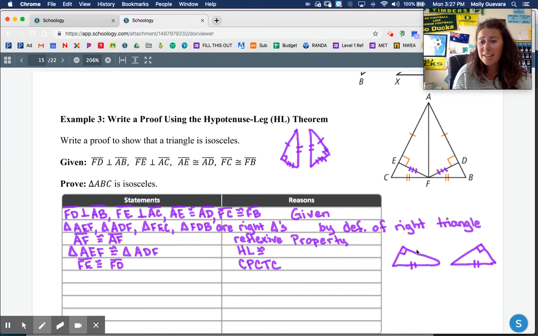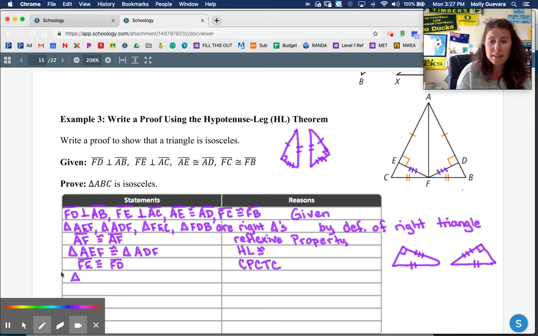And I just found that these two sides are the same. So now the question is, are these two triangles congruent? Well, they're both right triangles. I know the hypotenuse is the same in both. And I know one of the legs is the same in both. So yeah, they are congruent.